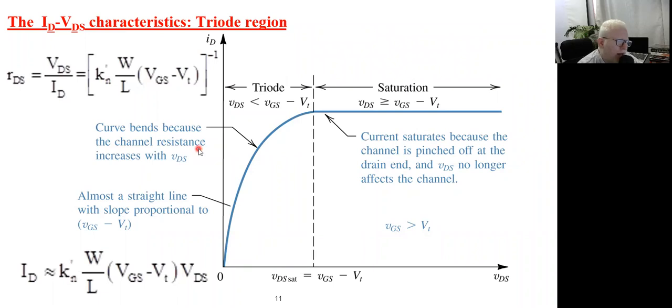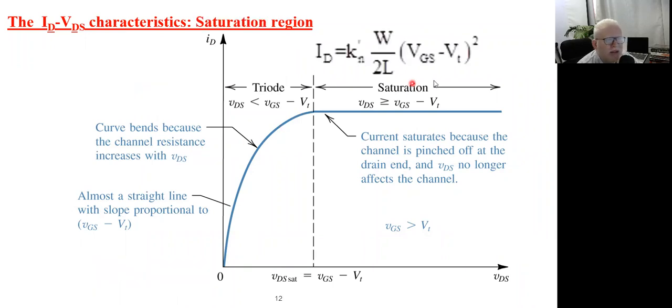Now, how can we represent this region? It's a constant current. So if you recall your circuits memory, you will find that this is a current source, because the definition of a current source is a source that supplies a constant current. But this is not only a current source.